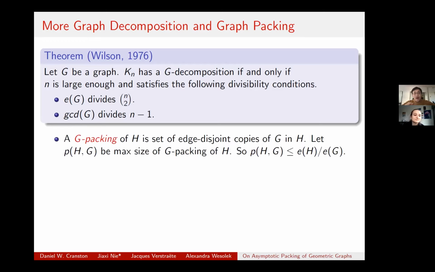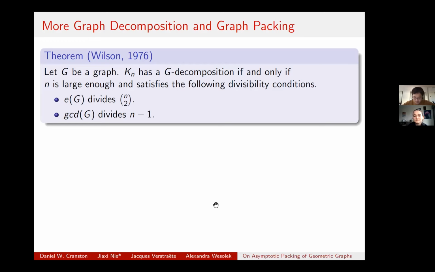Okay, so graph decomposition problems are basically solved, and the results are very deep, so we're not going to talk about them today. Instead, we will talk about graph packing problems, which can be considered an easier variant of this problem.